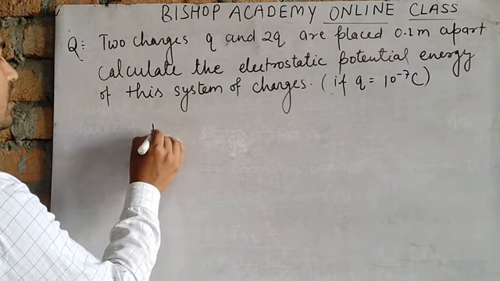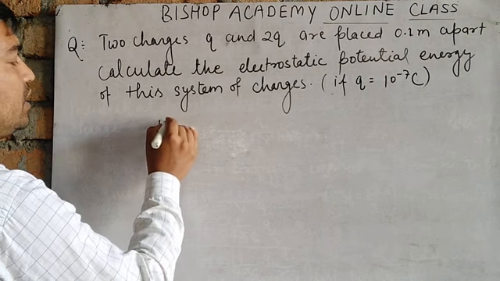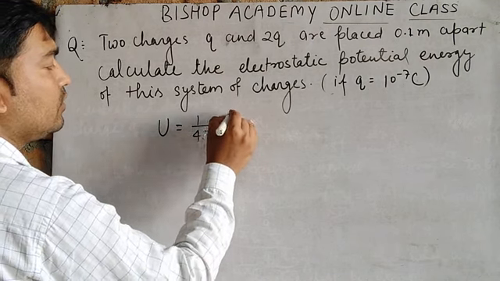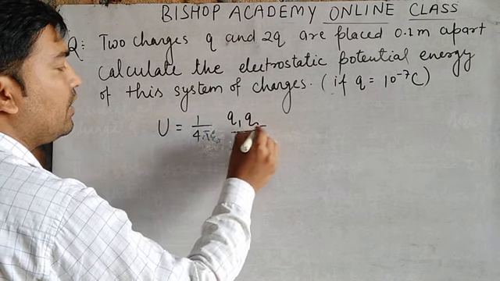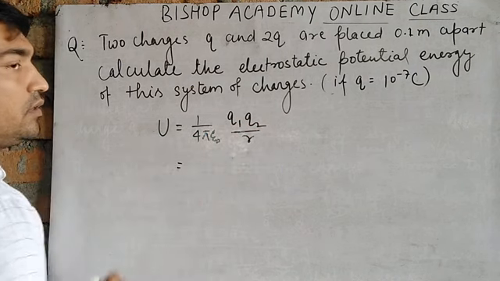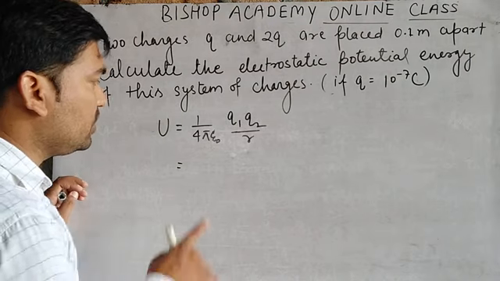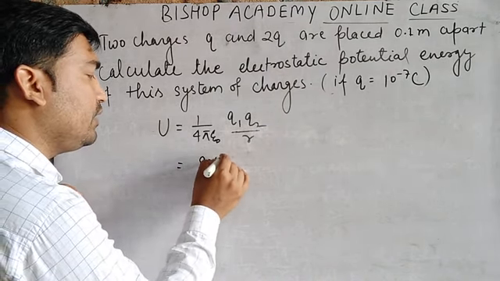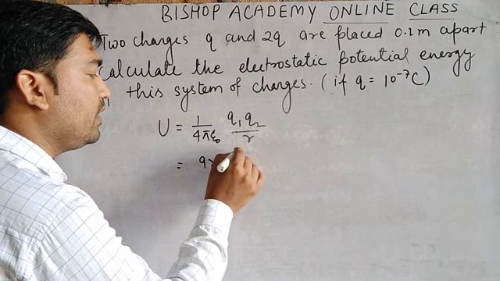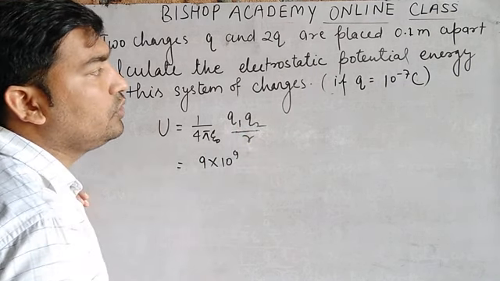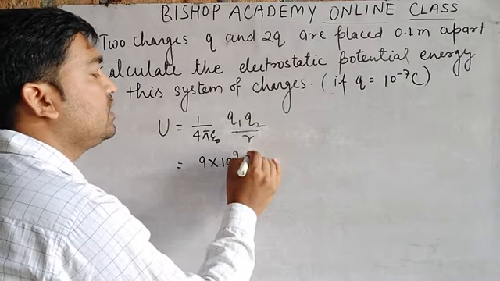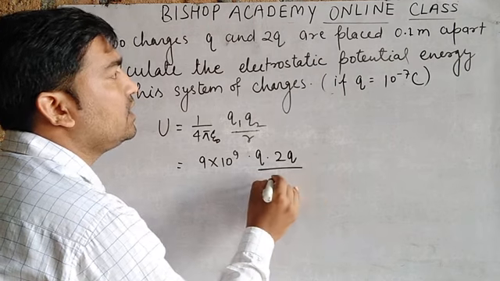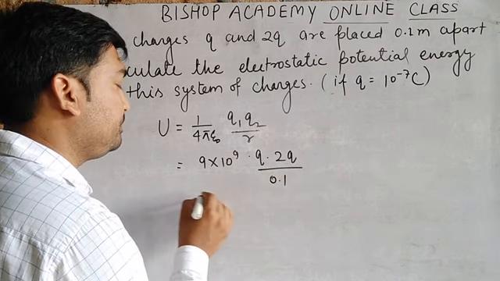Now, we know that electrostatic potential energy is equal to 1 upon 4 pi epsilon naught Q1 Q2 upon R. This is the formula for electrostatic potential energy due to a system of two charges, and the value of 1 upon 4 pi epsilon naught is 9 into 10 to the power 9. Q1 is Q and Q2 is 2Q, upon the distance 0.1 meter.